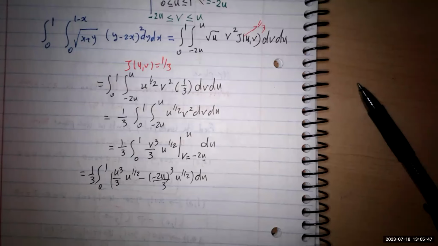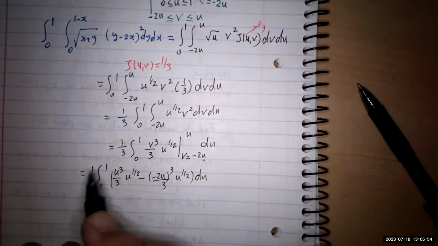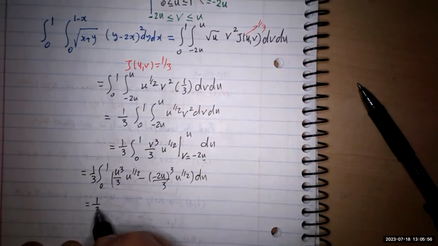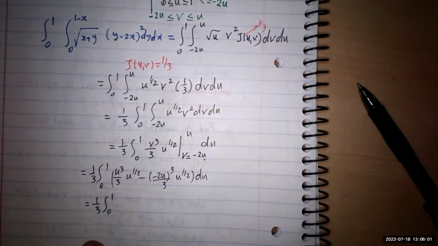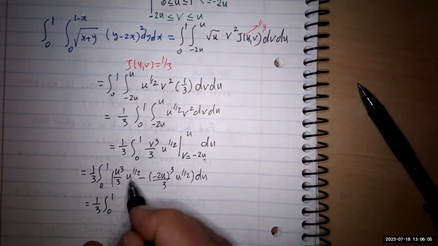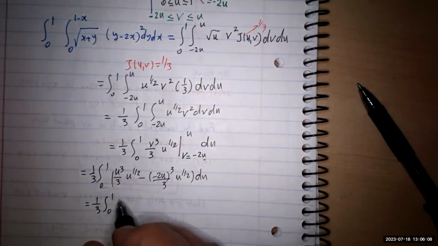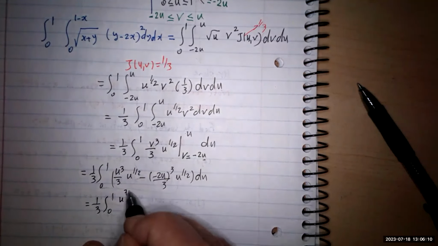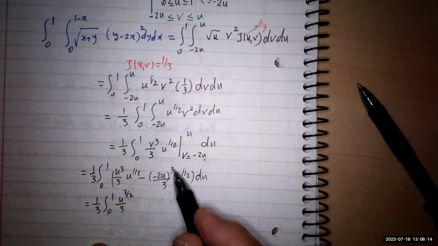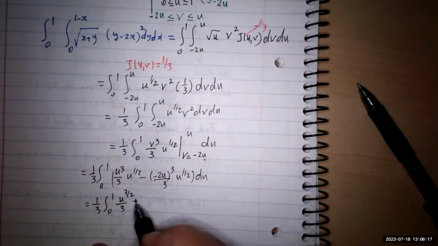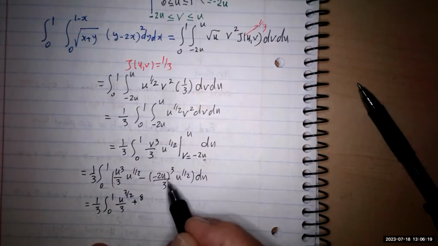So let's continue with this one. You have to do a little bit of simplification: the u cubed times u to the 1/2, just add the exponents together. So this is going to be 1/3, 0 to 1, 3.5, which is u to the 7/2. So this is going to be u to the 7/2 over 3. And -2 cubed would be -8. There is a negative here, so +8, and that would be the same thing.